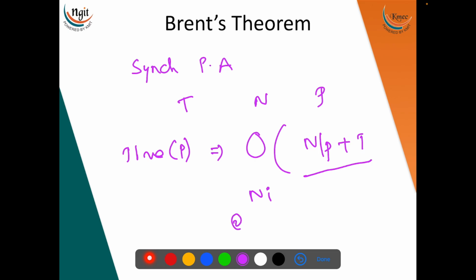The second is: exactly know how to assign each processor to its job, that is, be able to direct each processor to the big O of n_i/p operations it is to perform in simulating step i. So this is about how you choose a model and how you compute operations on that parallel programming model, and Brent's theorem will help you segregate the number of processors to perform the number of operations.